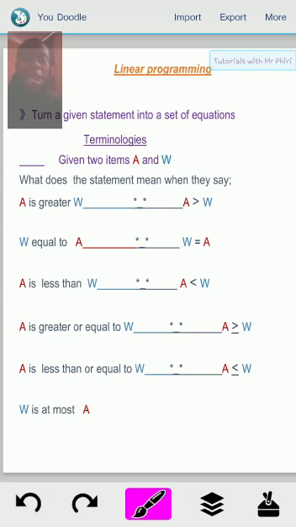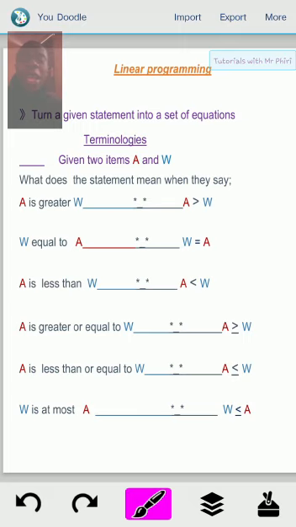We just mean W is less than or equal to A, so we'll write this mathematically as W ≤ A.